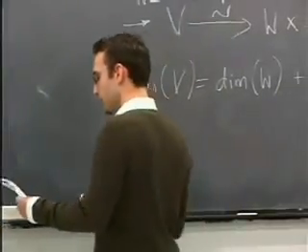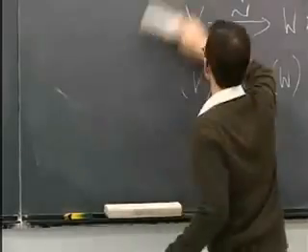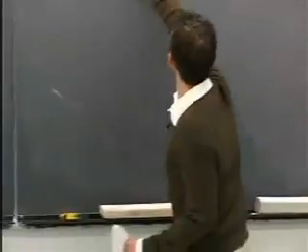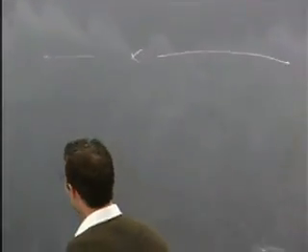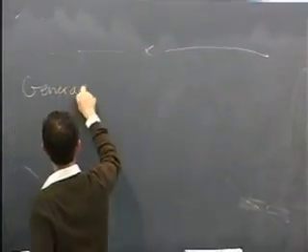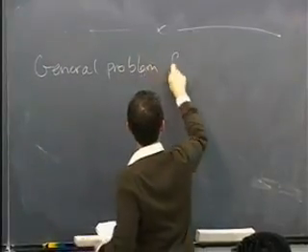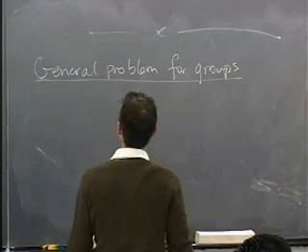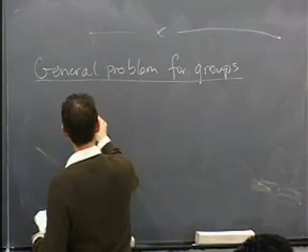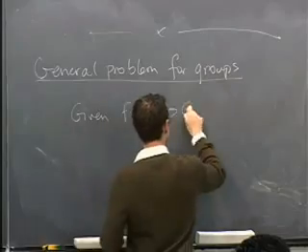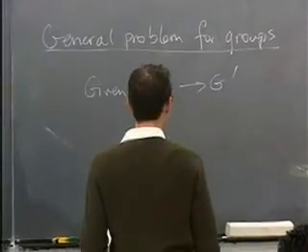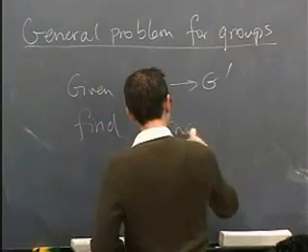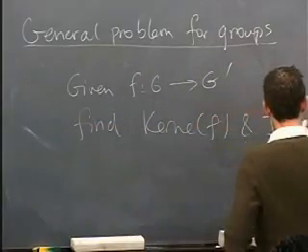Okay, let's move on to something a little different. So, here's another sort of general problem for groups. Well, if I have a homomorphism between groups G and G prime, say, we want to find the kernel and the image of this homomorphism.